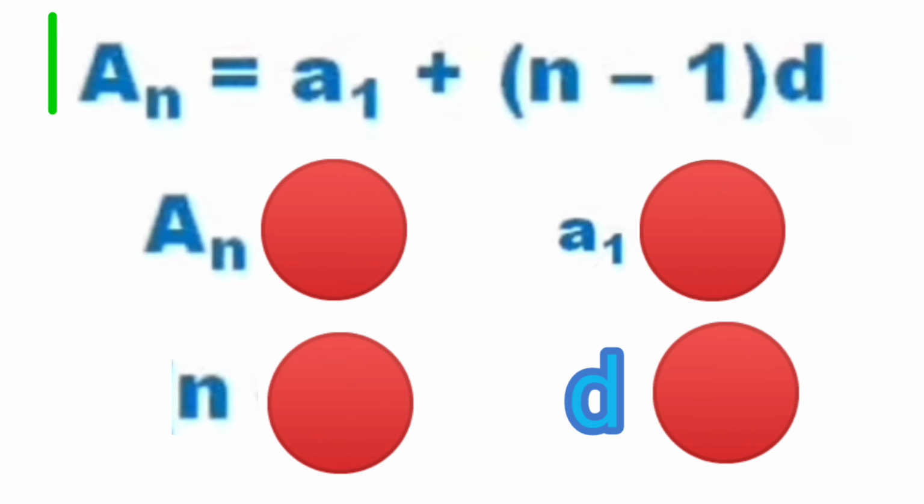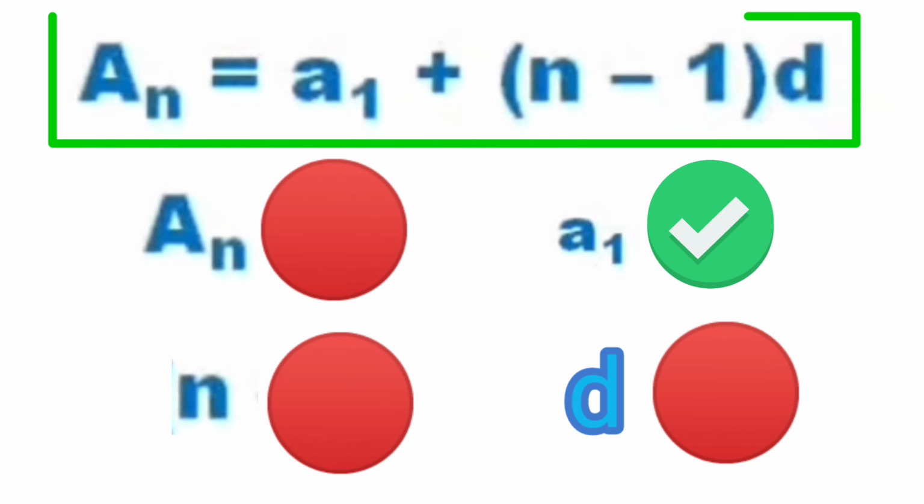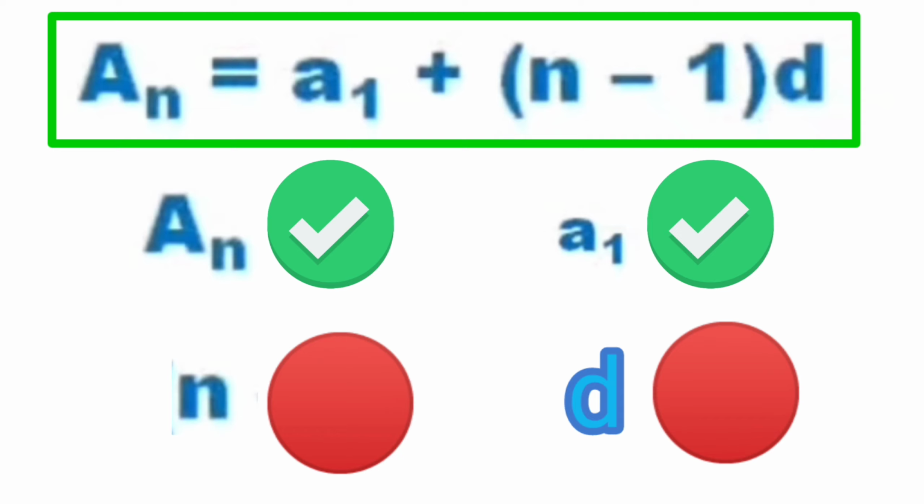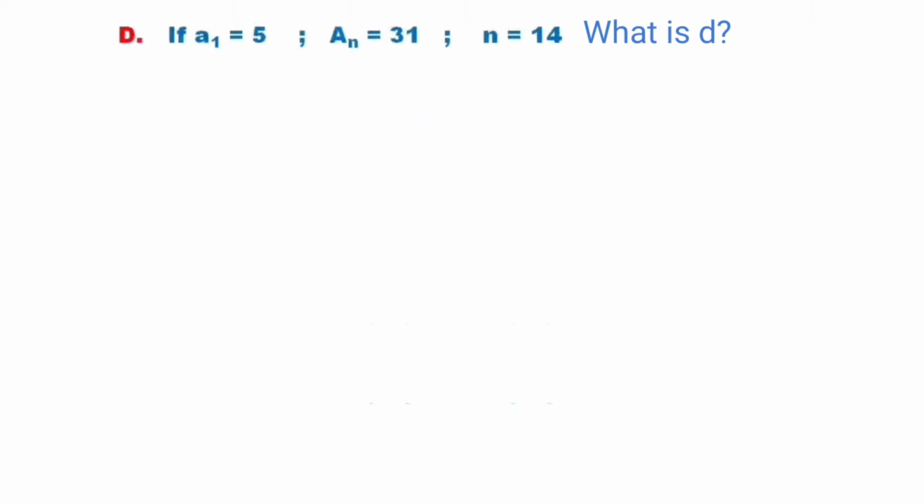We are done evaluating the value of a sub 1, or the first term, a sub n, or the last term, and n, or the number of terms. Now, the next and the last variable to explore is the d, or the common difference.